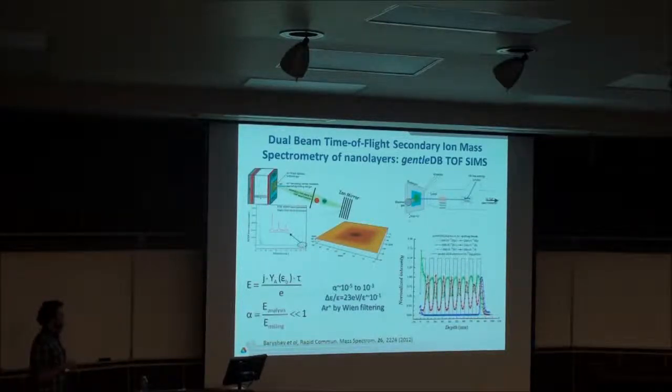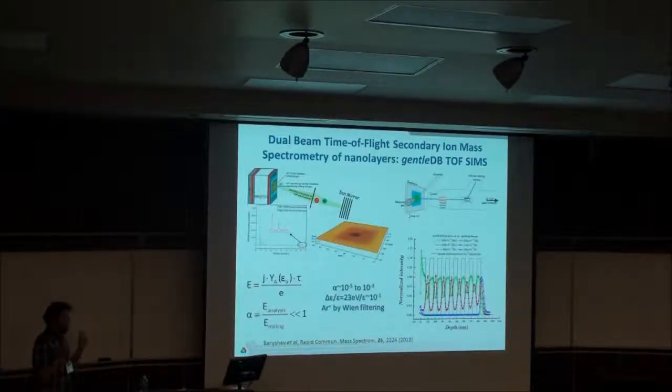This ratio just shows that the arrangement is such that the depth resolution of our dual beam system is mostly controlled by the low energy milling beam, and we do our ion milling with only 250 electron volts, keeping it focused and high current. So this ratio alpha, if we keep it low, means our depth resolution is controlled only by the milling beam, and we can also nicely control the ratio of the energy spread of our milling beam to its nominal energy.